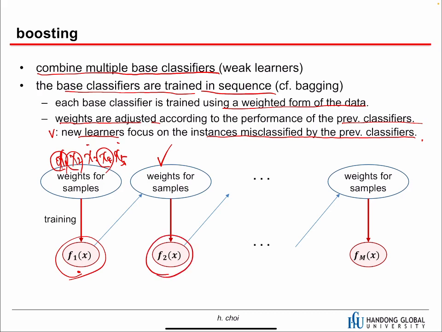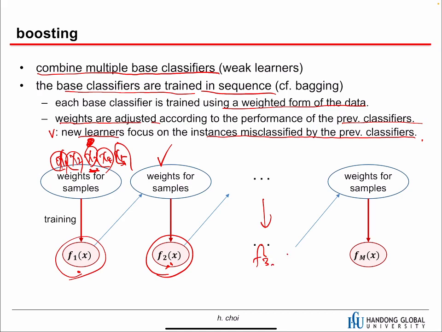We train the second model with the different weights, so these ones are more important for this model. And then for the third model, when the second model is not perfect for x sub 3, we put more weight on this sample, and then we train f3.